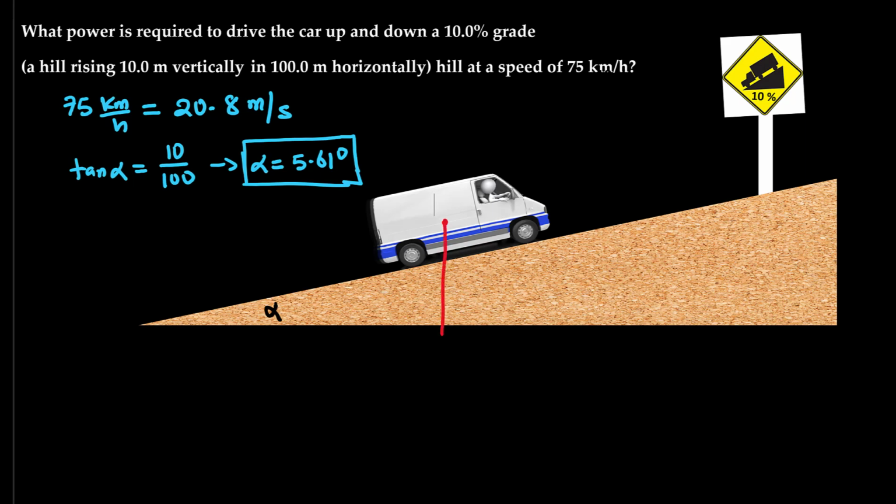The weight of the car acts vertically downwards. The normal force acting on the car is perpendicular to the surface, and there is a traction force acting upwards.